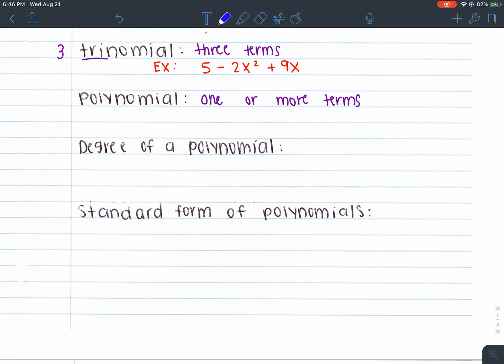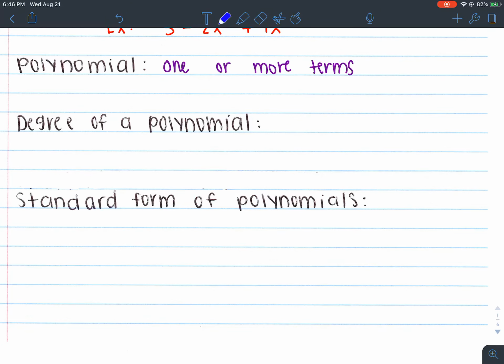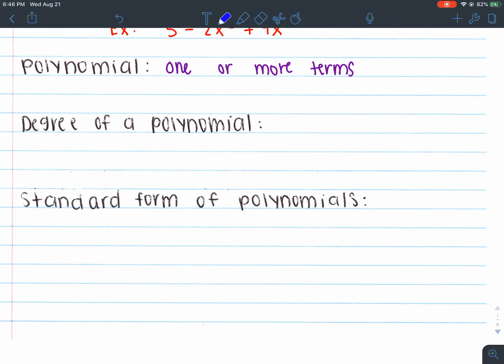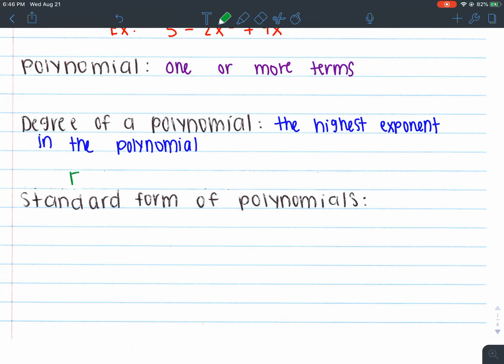All right, the degree of a polynomial I'm going to define here. So bear with me with my definition. So the highest exponent in the polynomial. So let's get an example so we kind of know what we're talking about.